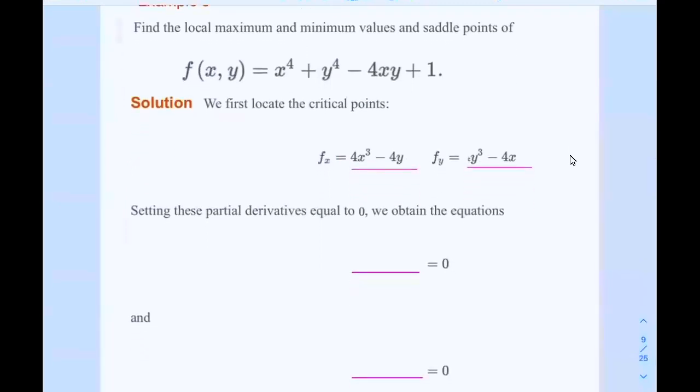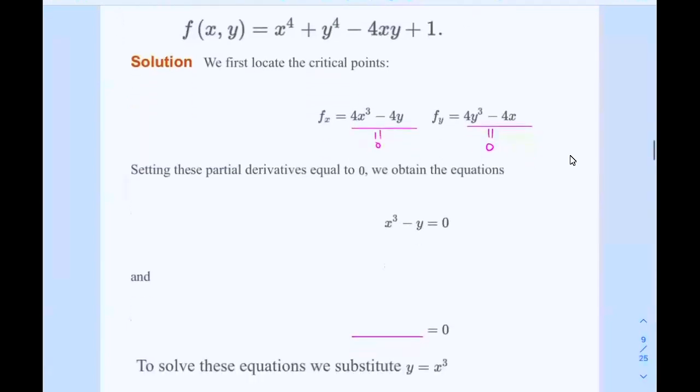Now we're going to set each partial derivative equal to 0 in order to find critical points. For the first equal to 0, we can divide by 4, and we get x cubed minus y equal to 0. For the second equal to 0, we can divide by 4, and we get y cubed minus x equal to 0.